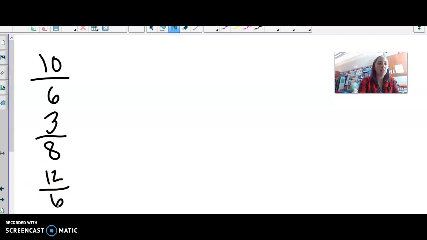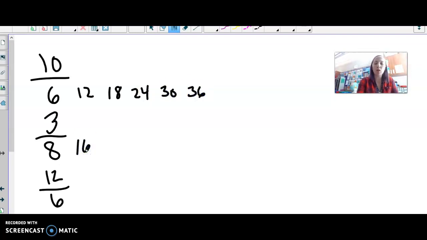So I'm going to go ahead, write out the multiples of the denominators till I can find one that's the same. And you might know as you go, like, oh, I already know what I'm going to choose. But if you don't, that's okay. You can also look in your chart. Oh, look, 24 and 24. 24 is a multiple of both of them, so that's what I'm going to use.